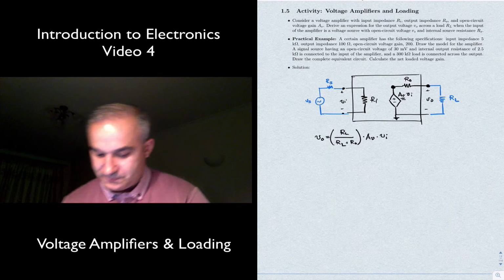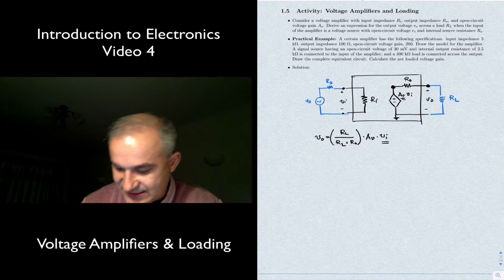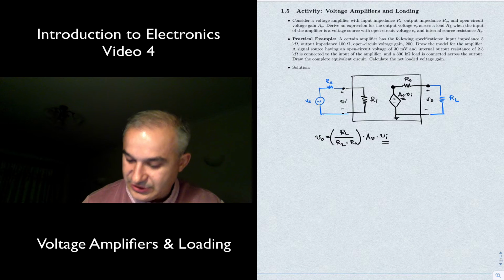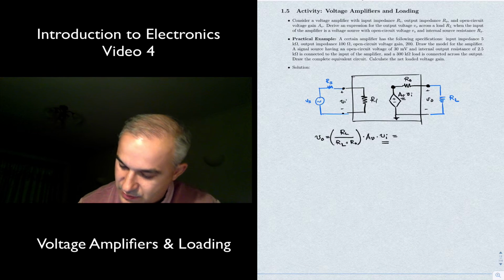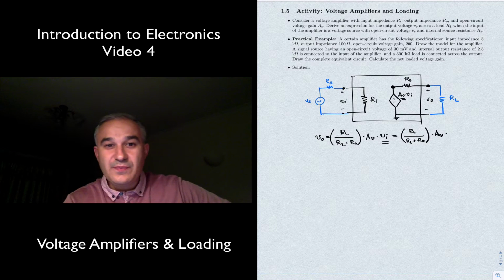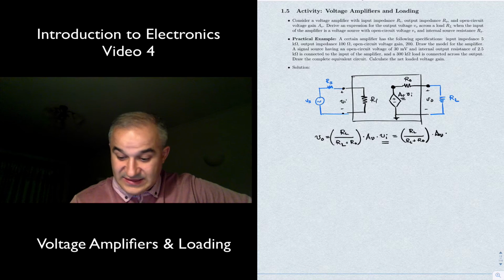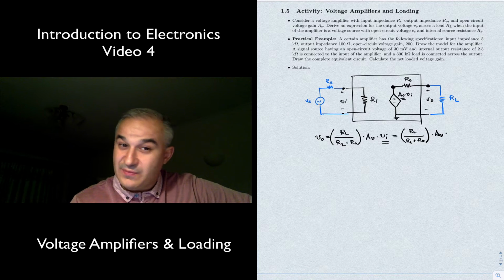Now, let's continue, because this is not the source input. So we have RL plus Rout, AV, and now at the input we also have another voltage divider. And this is because we have a finite input impedance.